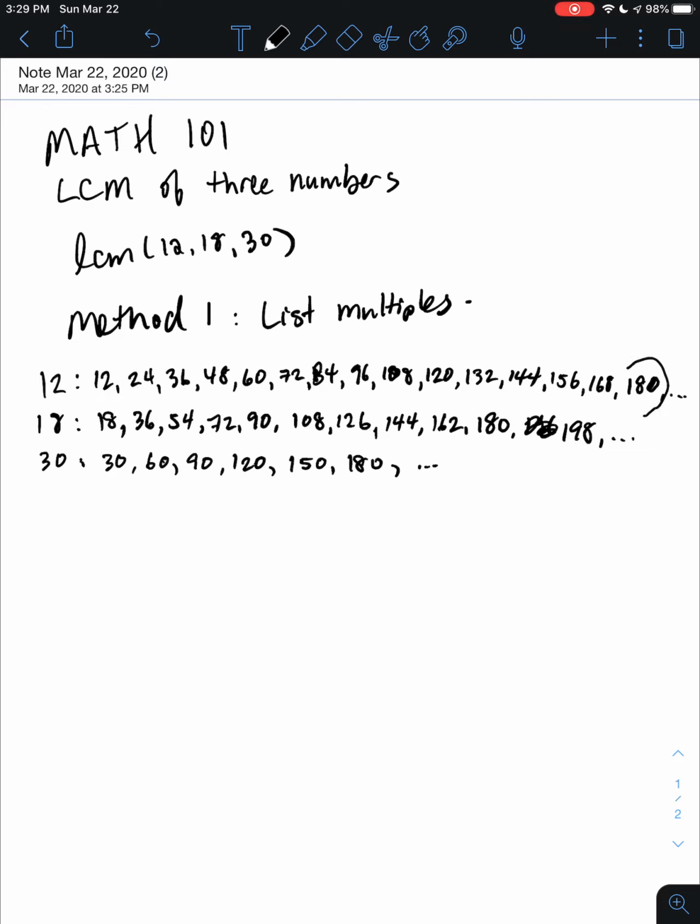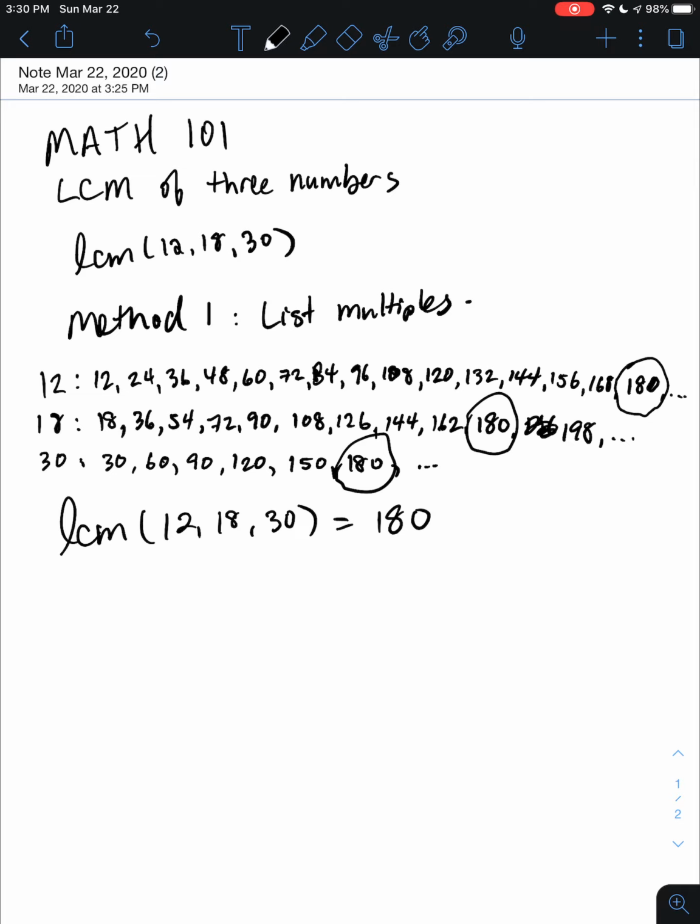So 180 is in all of these lists. It's the first number in all of the lists, so the LCM of 12, 18, and 30 is 180.